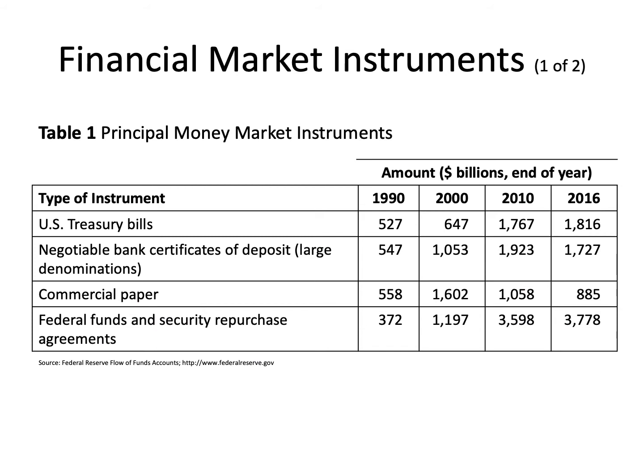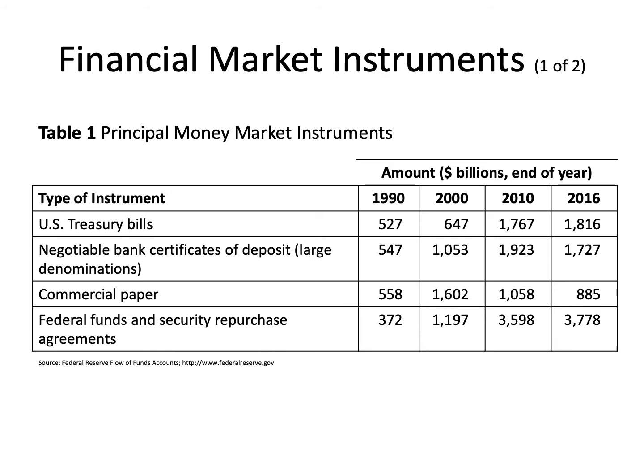Here's some view of size. In 2016, amounts in billions of dollars a year. The federal funds and security repurchase market has grown enormously, to 3.8 trillion in 2016 from 372 billion in 1990.